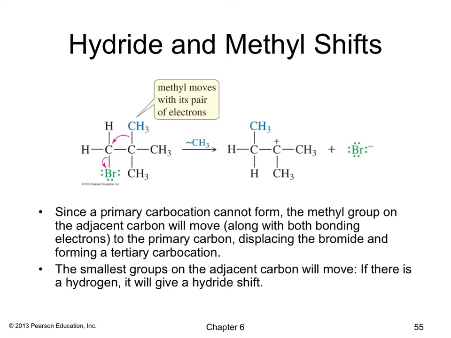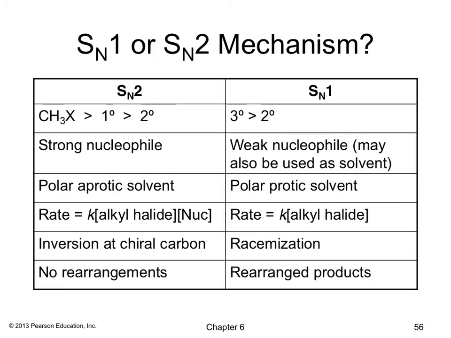In this case, since the primary carbocation cannot form, the methyl group on the adjacent carbon will move to that primary carbon, displacing the bromide and forming that tertiary carbocation. The smallest group on the adjacent carbon will move. So if there is a hydrogen, this is really important, it will give a hydride shift over a methyl group because it's a smaller group that's moving.